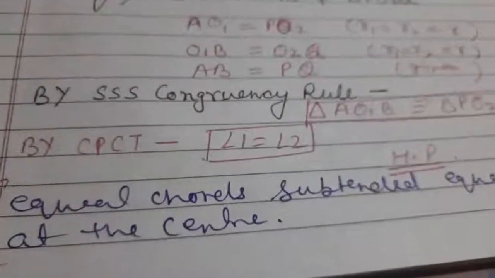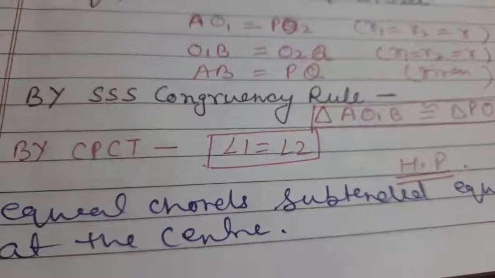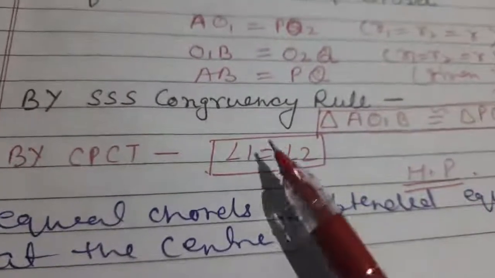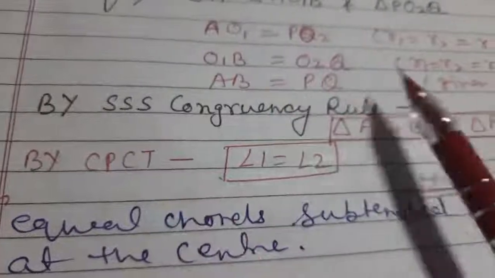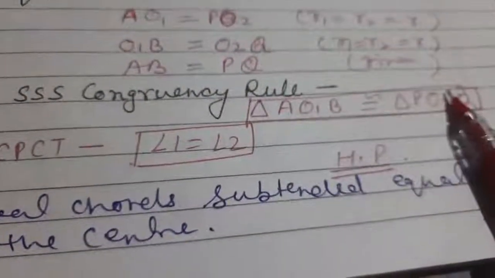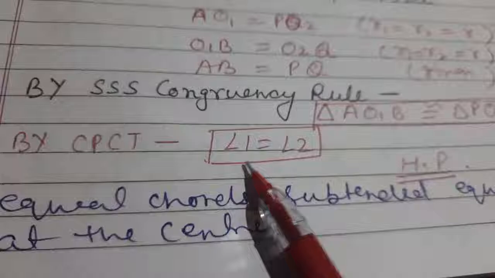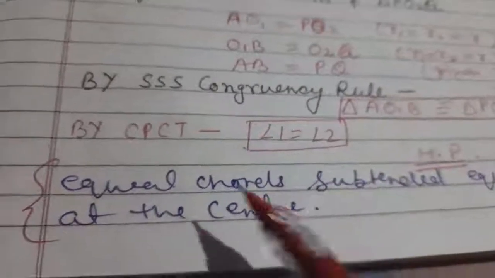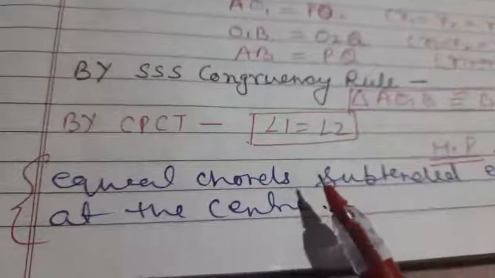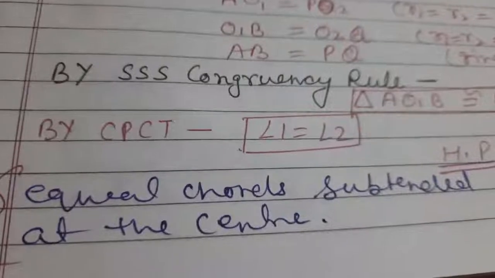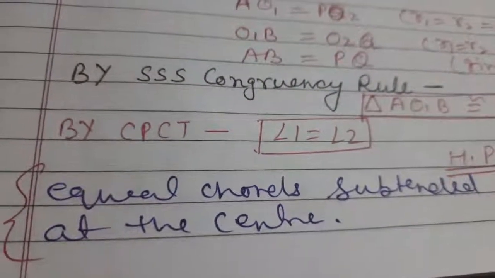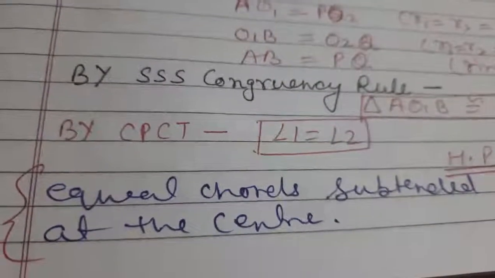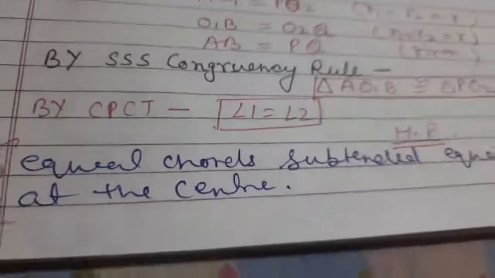If we are clear about the congruency, it is not a very big thing to understand how we are saying by SSS congruency rule both triangles are congruent, and hence we get angle 1 is equal to angle 2. So this is the same thing we had to prove: if chords are equal in congruent circles, then the equal chords subtend equal angles at the center. So hence we have proved it.